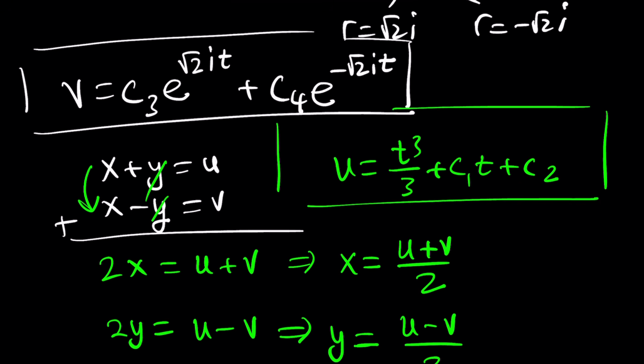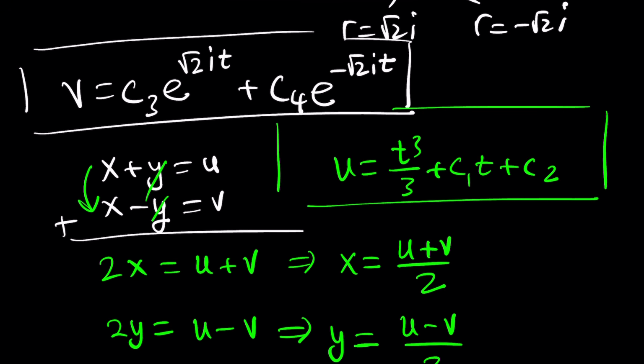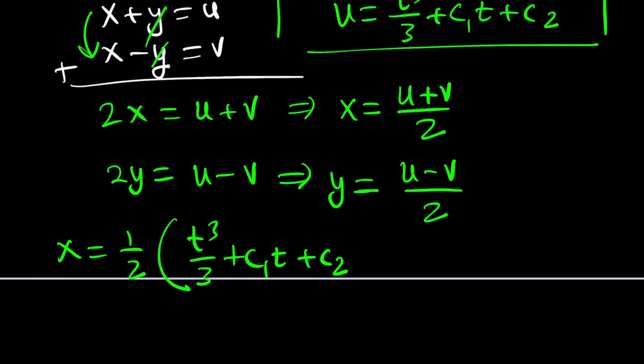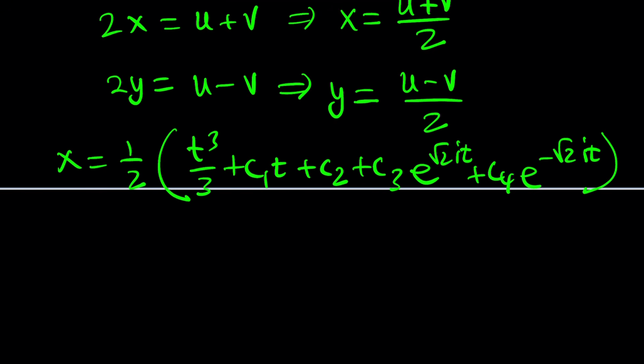Of course, there's going to be a 1/2 in the front, so we put that 1/2 here, and then u and v will be added. So we're going to get t cubed over 3 plus c1t plus c2, and then we add the v, which is plus c3 e to the power root 2it plus c4 e to the power negative root 2it. Awesome. That's going to be the value of x.